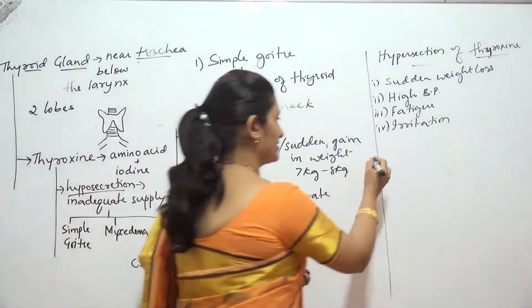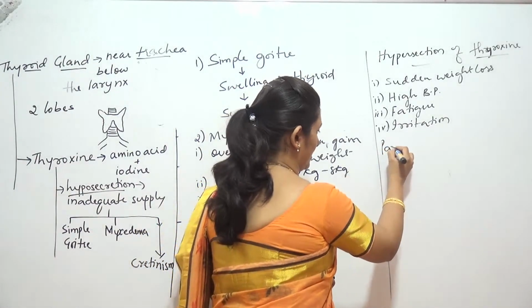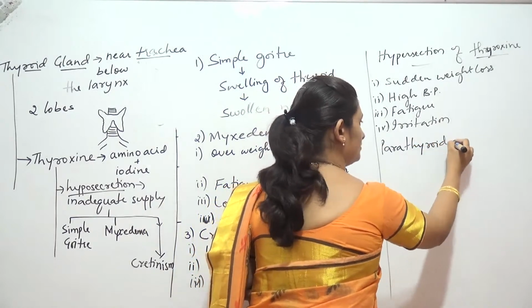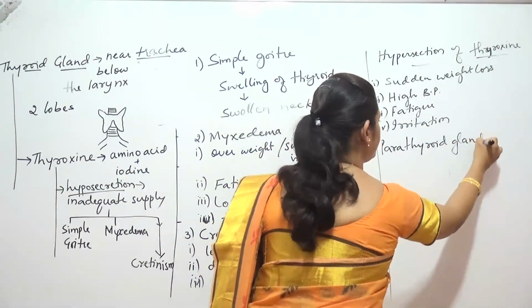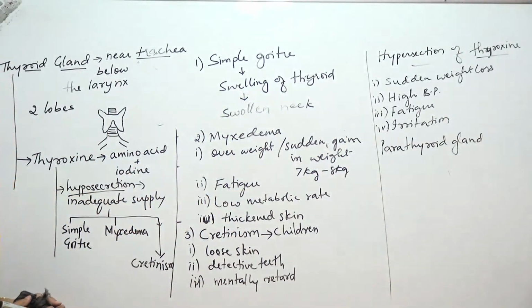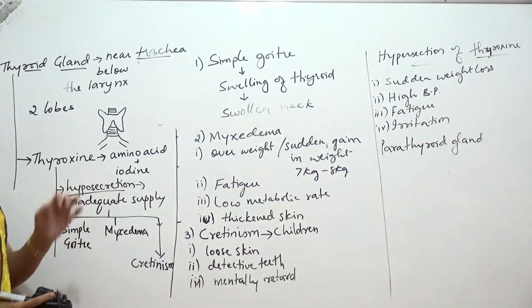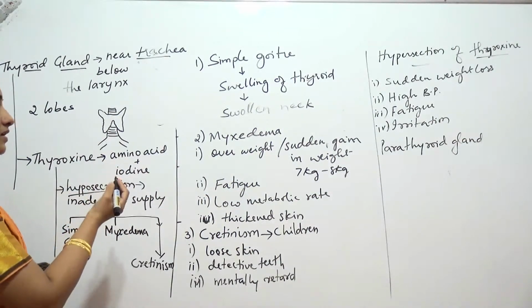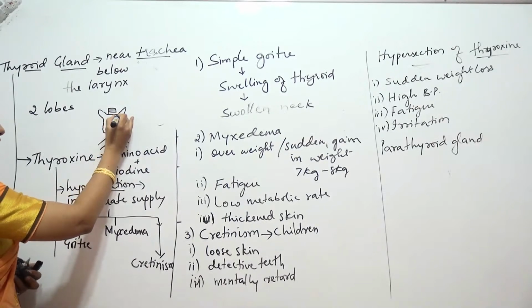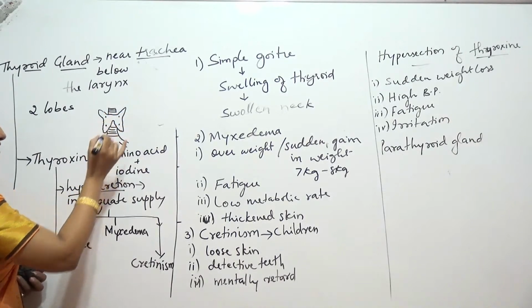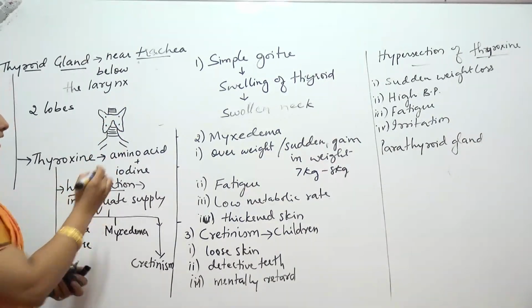Next, coming to the next gland, that is the parathyroid gland. The next type of endocrine gland, that is the parathyroid gland. Where are these located in the body? These glands are present in the thyroid gland. They are very small, oval in shape.